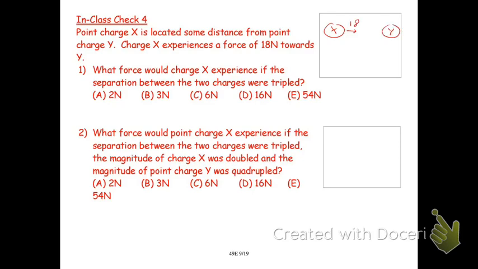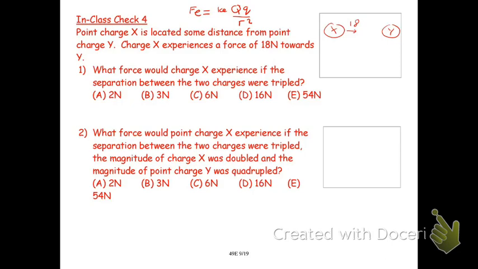It asks, what force would charge X experience if the separation between the two charges was tripled? For all these, you've got to recall the equation: Fe equals Ke big Q little q over r squared. You can intuitively do this one. If I double my separation, then I quarter the force.